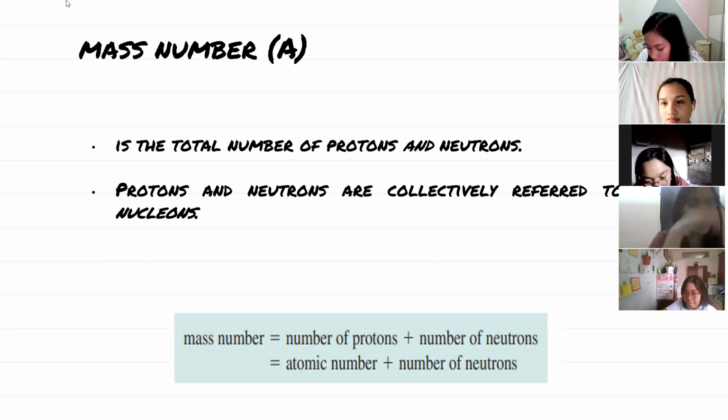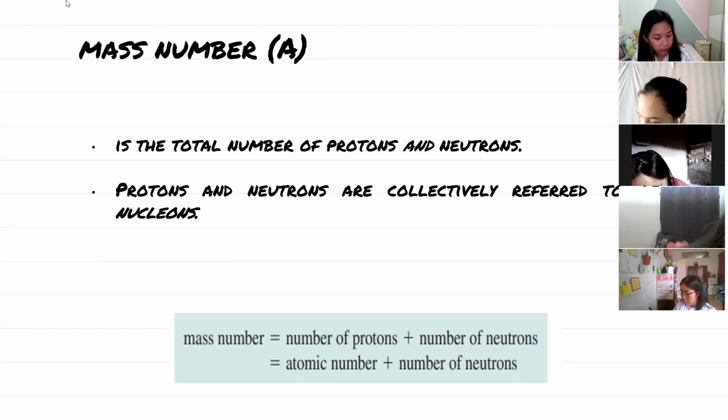But take note that protons and neutrons are collectively known as nucleons because these two subatomic particles are found inside the nucleus. They are represented by the mass number or the atomic mass.